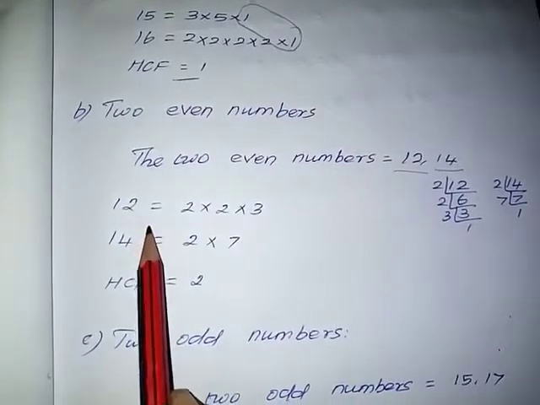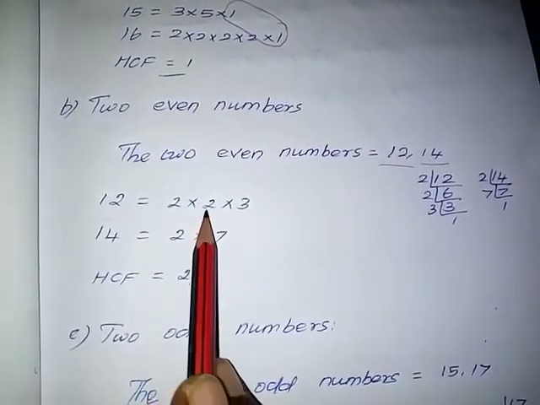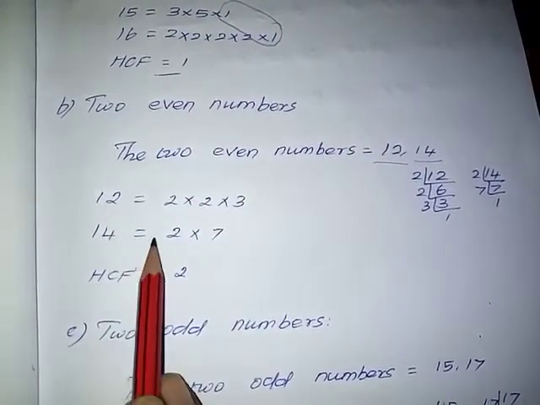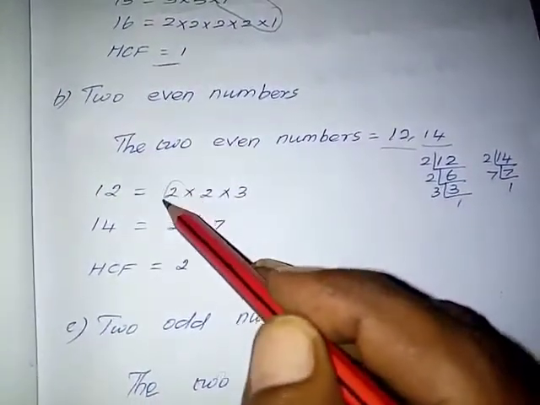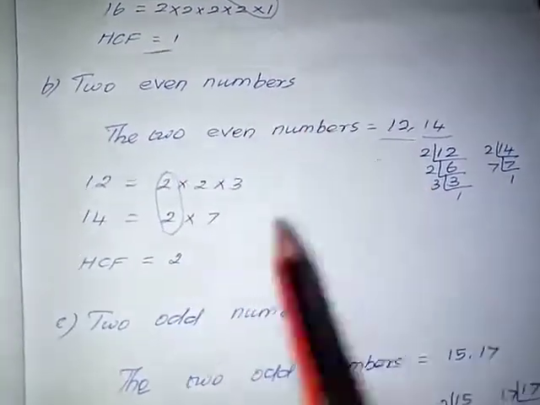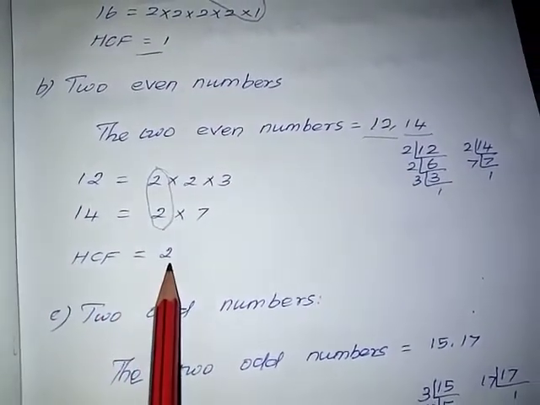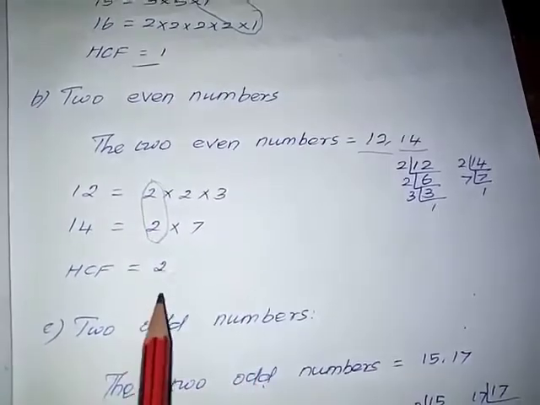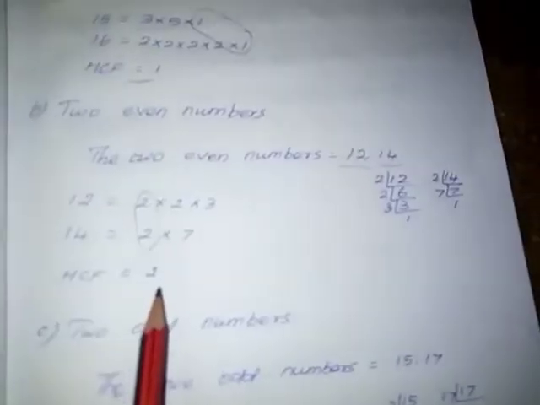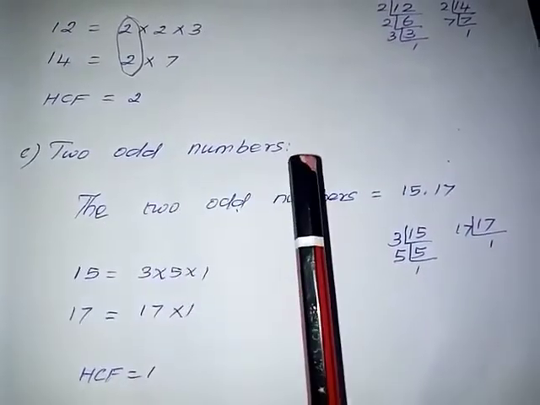So 12 equals 2 into 2 into 3 and 14 equals 2 into 7. So here the common is 2. So HCF is 2. Therefore HCF of 2 consecutive even numbers is 2.